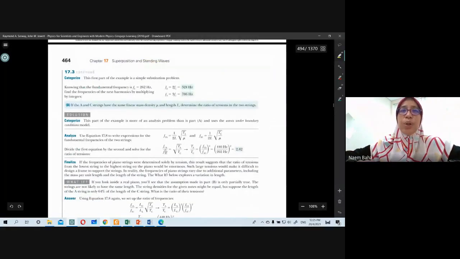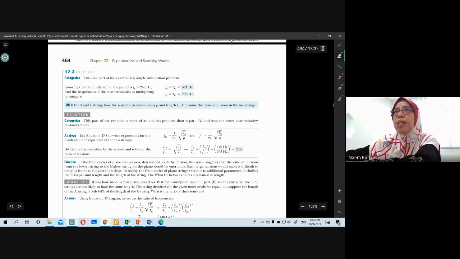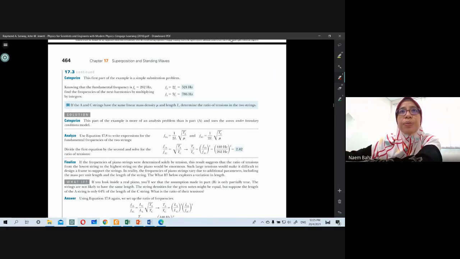So what did we do? We use the common expression that I taught you earlier, expression divided by expression. F divided by F. You will find this expression individually like this. When you divide one by the other, you can cancel out the effect of 1 over 2L, leaving only, let me show you properly.